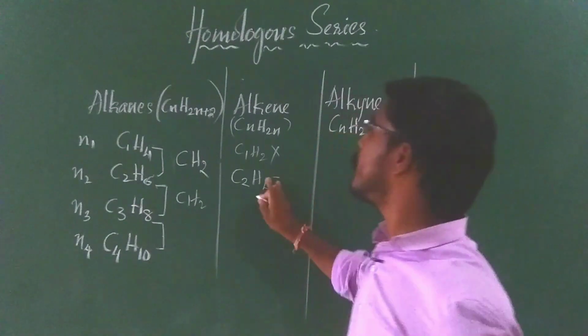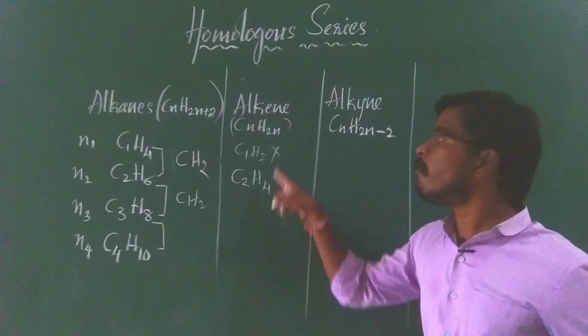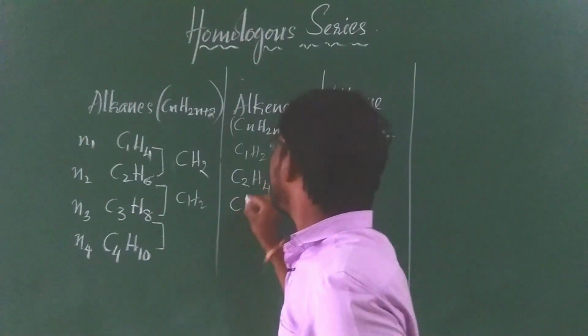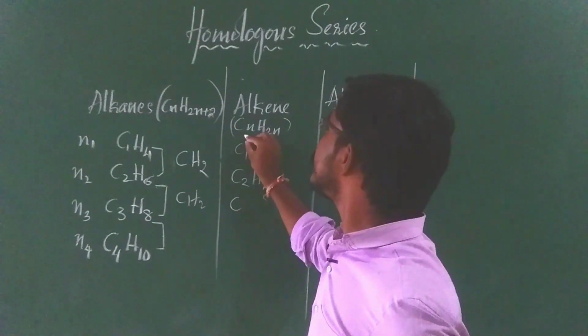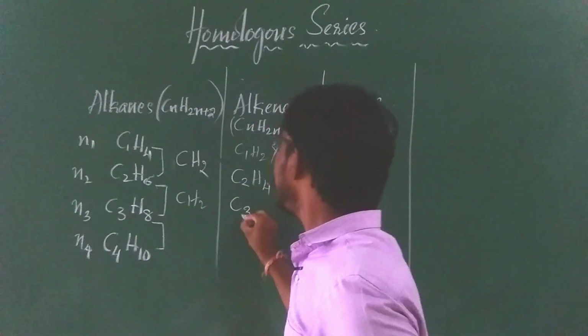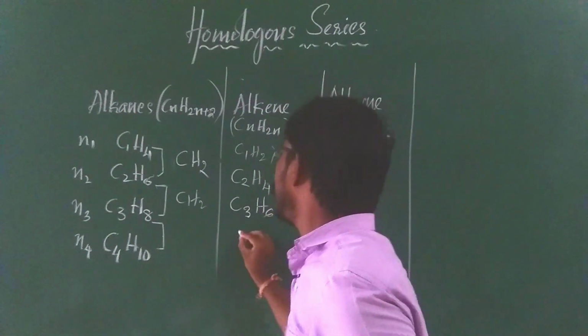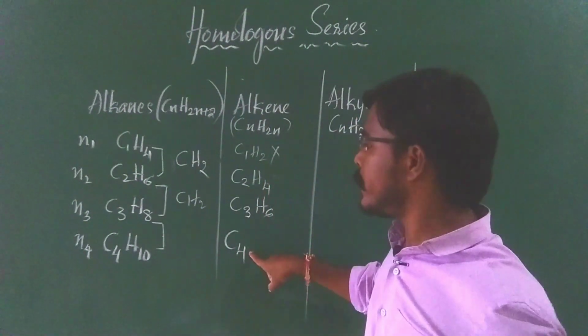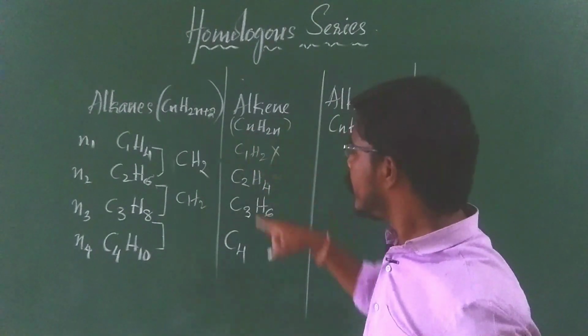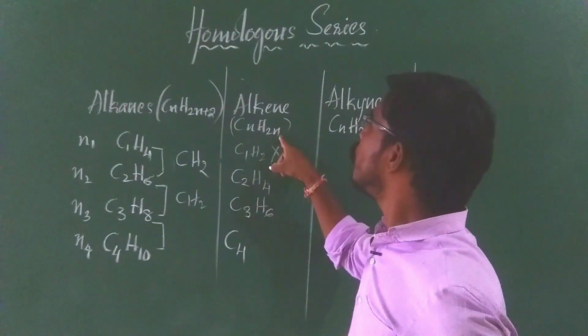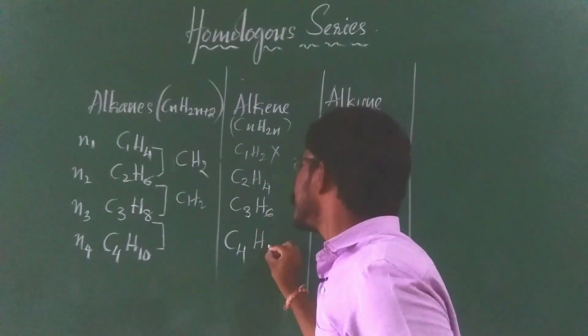This is the first member of alkene. Then the second member, if you take n equal to 3, C3 and 2 into 3 is 6, H6. Then the third member, in place of n, if you take 4, 4 into 2 is 8, H equal to 8.